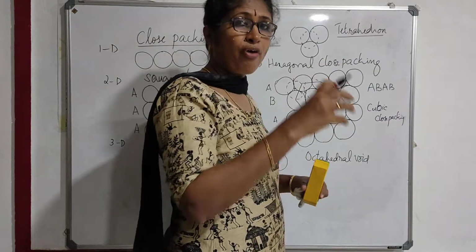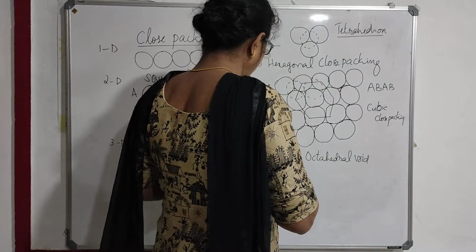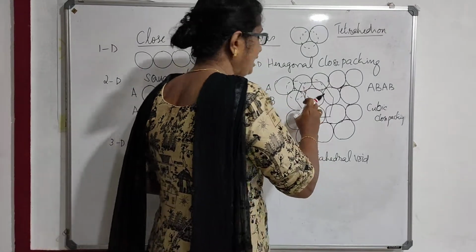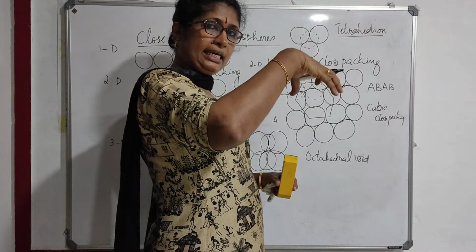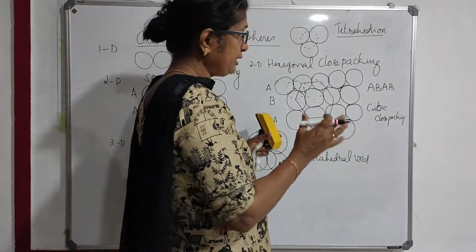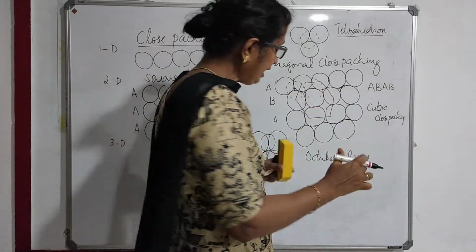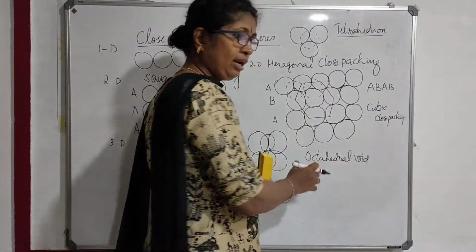So that void formed is called tetrahedral void. മറ്റു കേസിൽ എന്ത് പറ്റും? ഈ ഫസ്റ്റ് ലെയറിൽ ഉണ്ടാകുന്ന ട്രൈഗണൽ വോയിഡിന് മുകളിലേക്ക് സെക്കൻഡ് ലെയറിൻ്റെയും ട്രൈഗണൽ വോയിഡ് വരും. അതായത് 6 സ്ഫിയേഴ്സ് ആ വോയിഡിന് ചുറ്റുമുണ്ട്. Then we call it as an octahedral void.